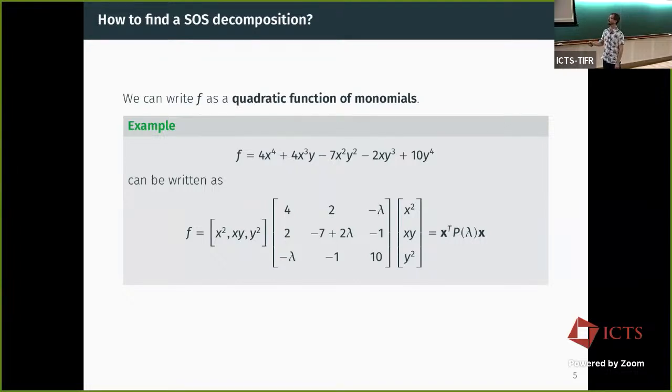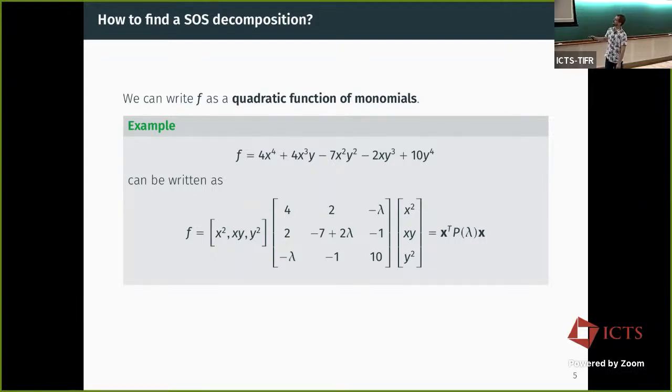That means that I have some basis consisting of monomials, then I have some matrix inside here, and then I have the same basis transposed, consisting of monomials. Now, this is only a sub-basis. Most of the entries in this matrix will be 0, so I just pick the non-zero ones. And then I can write this polynomial as a quadratic form with this matrix associated to this basis.